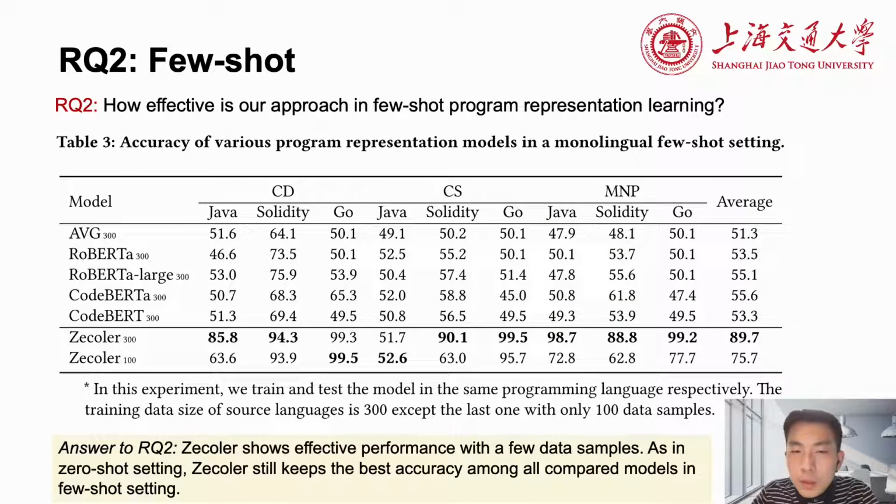In RQ2 experiment, Zcaller shows effective performance with a few data samples. As in the zero-shot setting, Zcaller still keeps the best accuracy among all compared models in the few-shot setting.